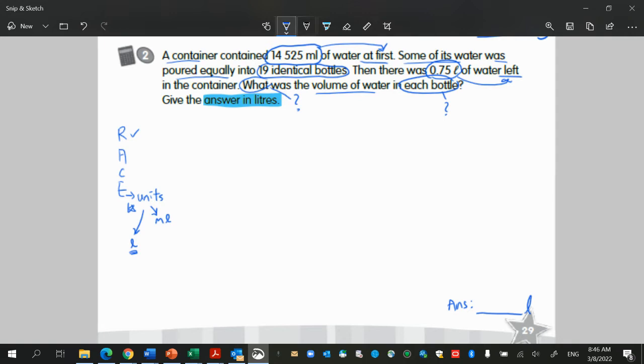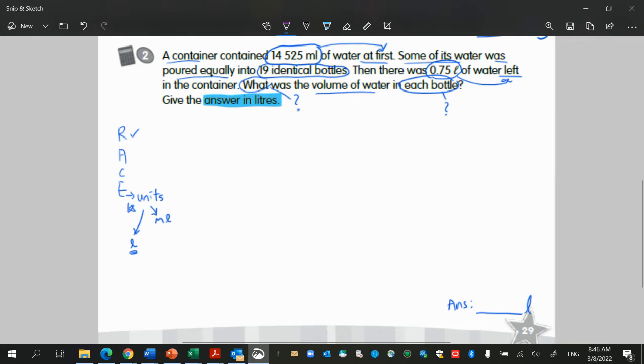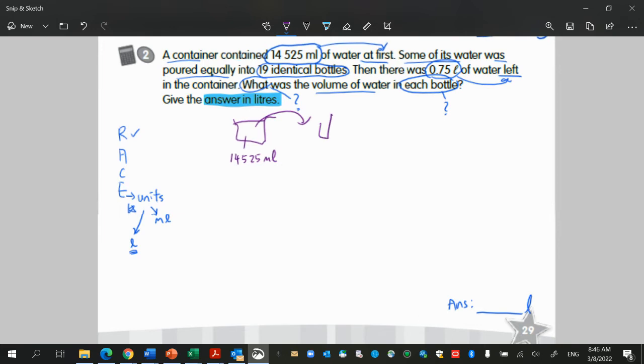Now, to give a little bit more help to some of our friends who may have trouble understanding a long problem like this, we can try to draw it out. So I have a container with a bit of water, quite a bit. To be exact, it is 14,525 milliliters. Units very important here. And then I pour it out into 19 of this bottle, all the same kind, equally.